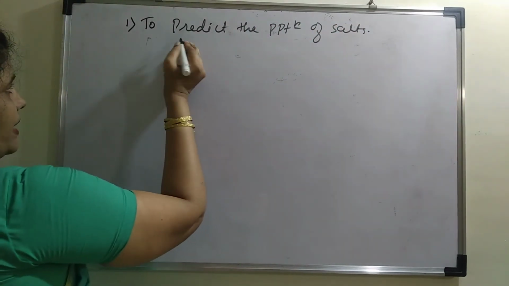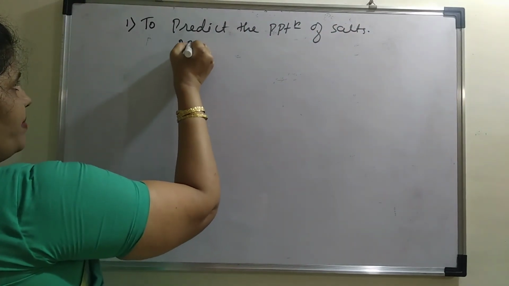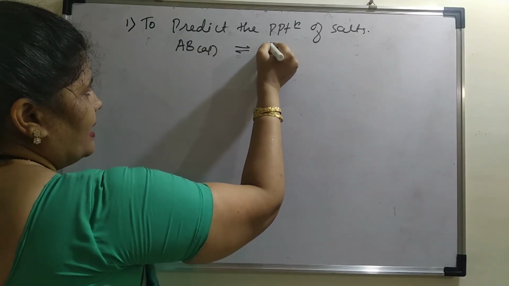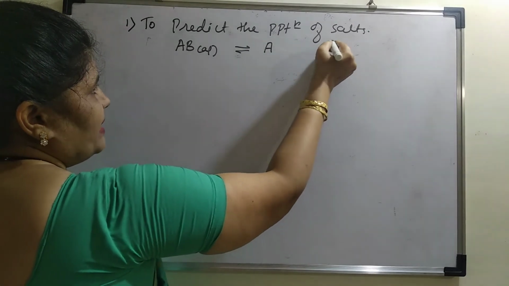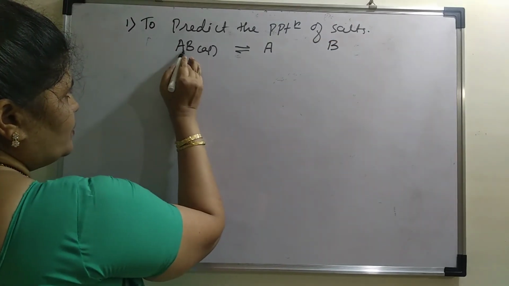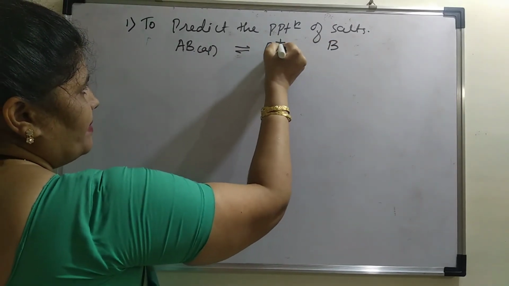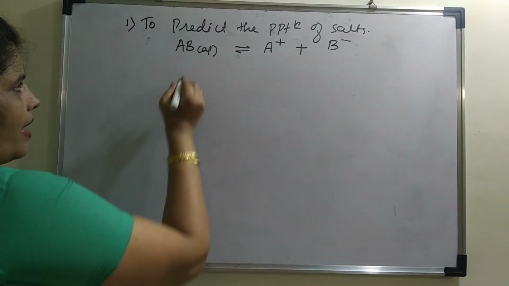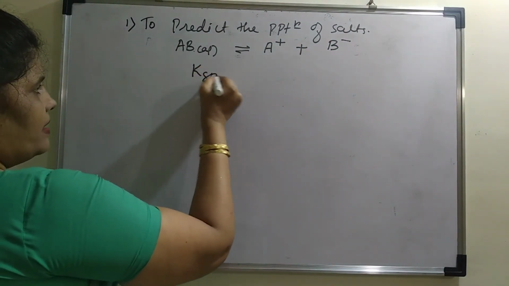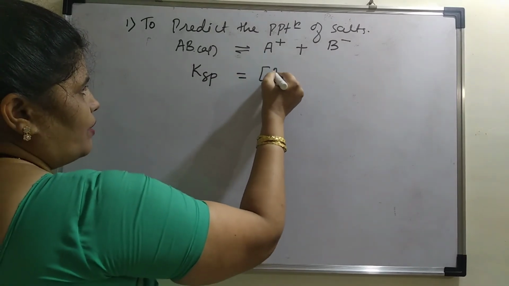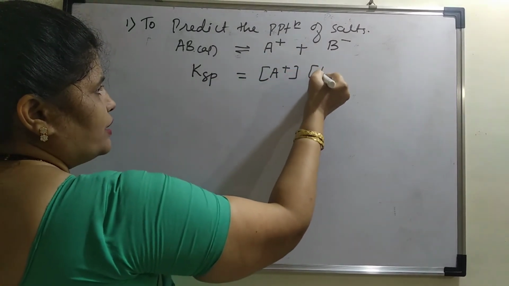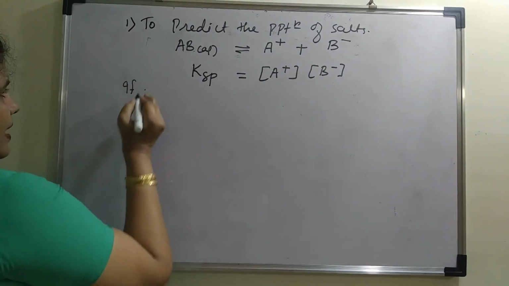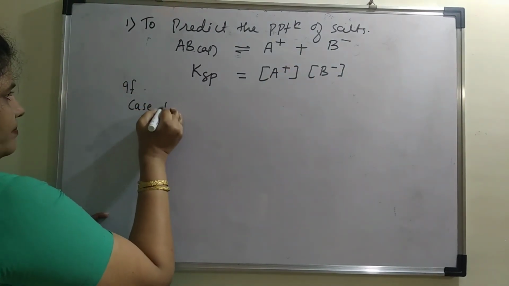Now, I am taking a salt, say for example AB, and I am dissolving that in water. What will I get? I will get A and B. Now here, as it is 1:1, I can write A plus and B minus. I am not taking the coefficients here. Now if I want to write the Ksp, that is equal to active mass of A plus and active mass of B minus. Now let us take case 1.